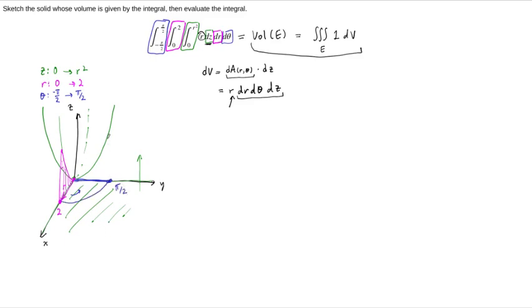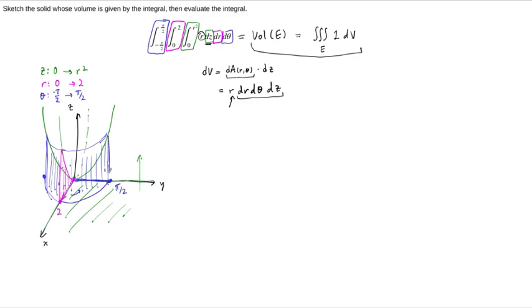We're going to get traced out a portion of our solid region here. All right, but then it stops. And to get to negative pi over 2, this magenta fan that I've drawn here gets rotated in the other direction until it hits the negative y-axis, and the rest of this gets filled out this way.